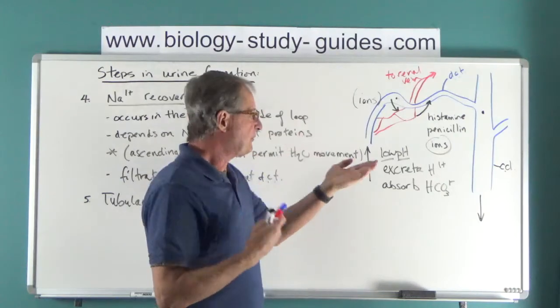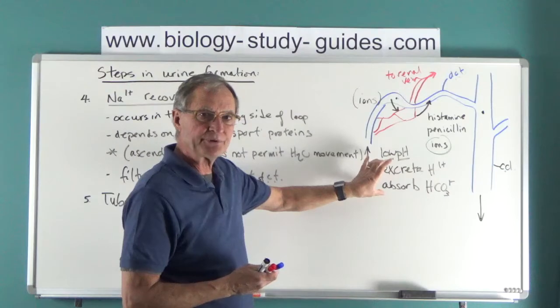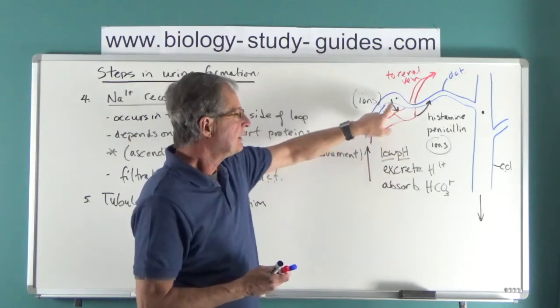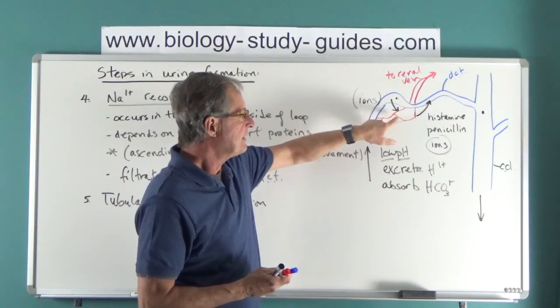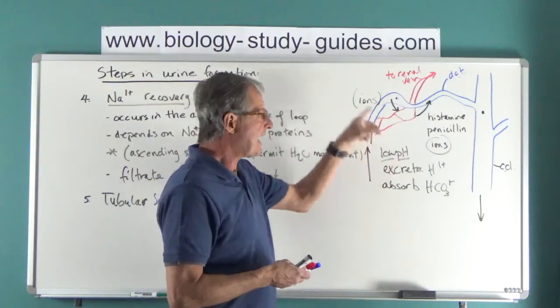Of course, if the pH of blood is too high, this would be the exact opposite. If the pH of blood goes too high, we'll actually absorb hydrogen out of the nephron into the blood, and we'll excrete bicarbonate ions. So there's the ion exchange.